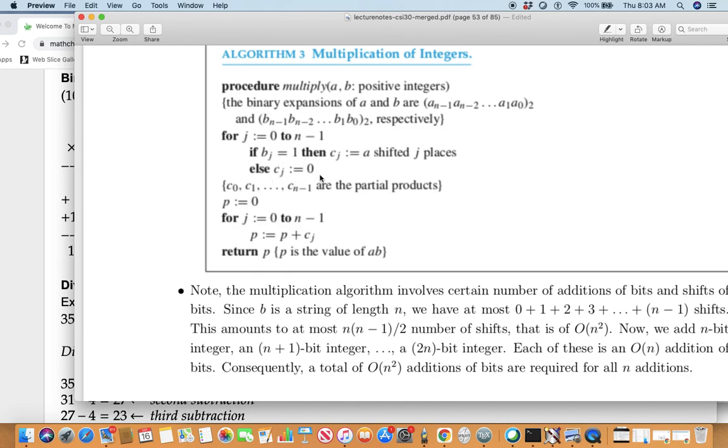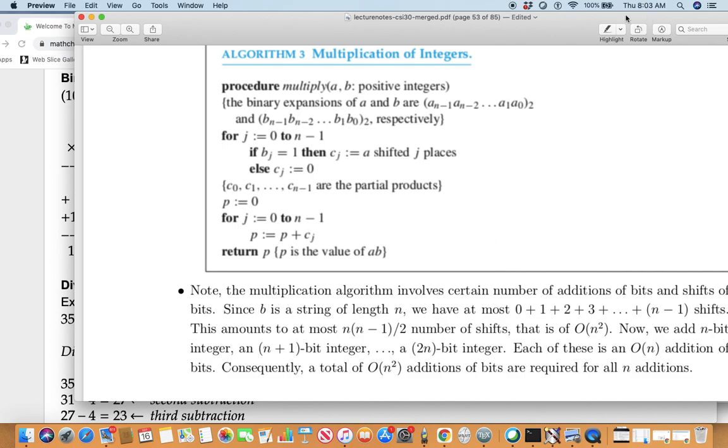If bj is 0, you have 0. All right, so these are your partial products. Start with the final product p to be 0. Now you are updating p by adding cj systematically. So p is the value of the product.